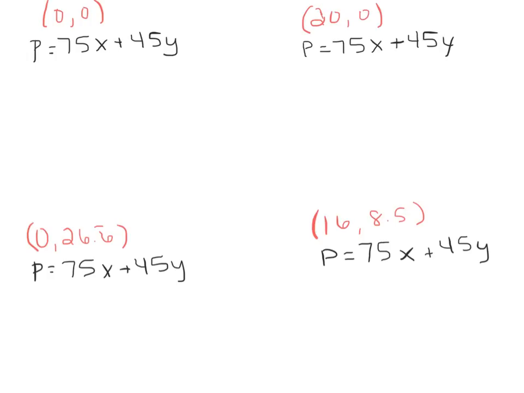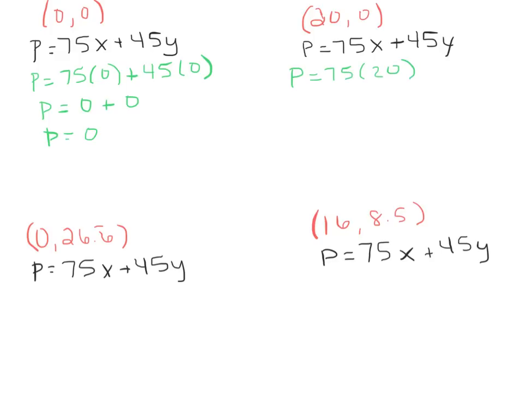So for the first one, we get P equal to 75 times 0 plus 45 times 0. And we're left with P equals 0 plus 0, P equals 0, so no profit. For the next one, we plug in our points, so P equals 75 times 20 plus 45 times 0.